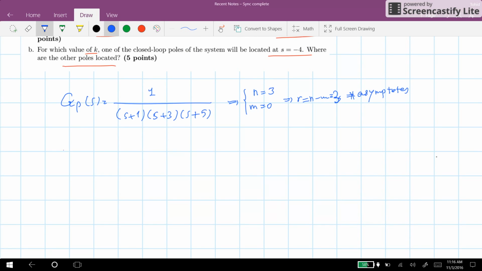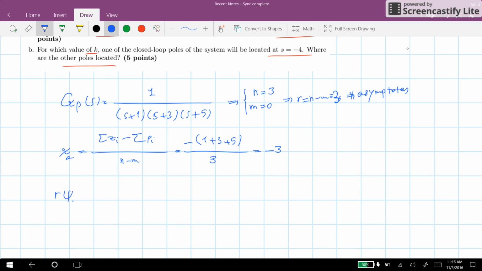So we have three asymptotes, for which we can find the point of abscissa, xa, equal to the sum of zi minus the sum of pi over n minus m. There's no zero for the system, n minus m is equal to 3, so we will have (-1 - 3 - 5)/3, which is equal to -3.